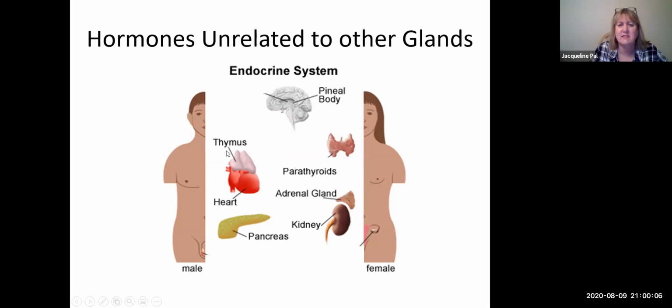Also in the thymus gland, there were hormones that had to do with the maturation of the T cell precursors to become T lymphoblasts, T lymphocytes. And in the kidney, we already learned about erythropoietin being secreted from there and its role in erythropoiesis.